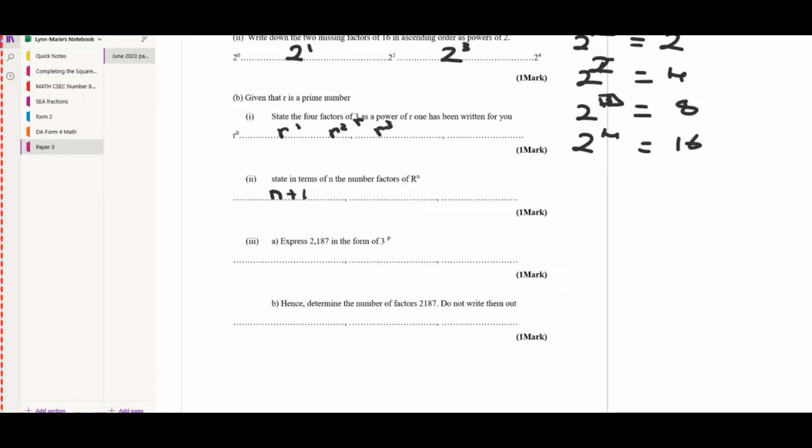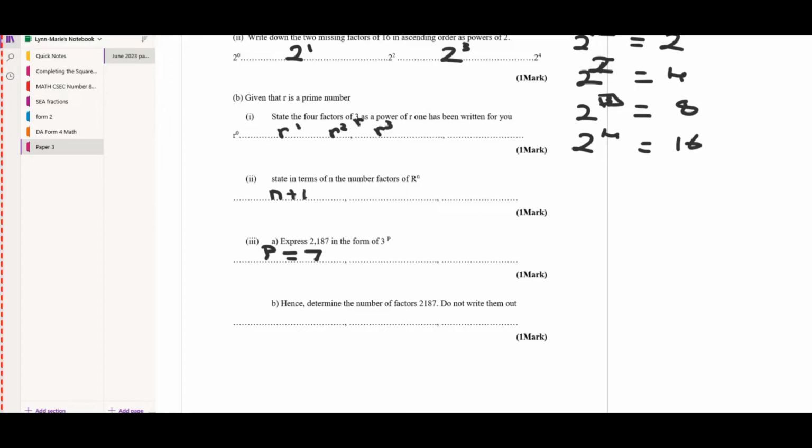What you can do is simply use a calculator. 3 to the power of 1 is 3, so p is not equal to 1. 3 to the power of 2 is 9, it's not 2. 3 to the power of 3 is 27. 3 to the power of 4 is 81. 3 to the power of 5 is 243. 3 to the power of 6 is 729. 3 to the power of 7 is 2,187. So using your calculator, you would see that p is equal to 7. And that's simply how you would do this question.